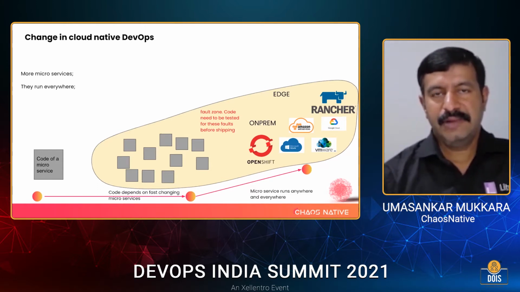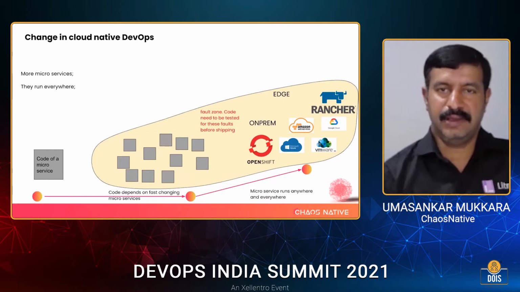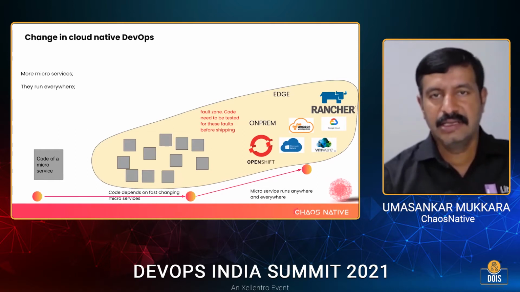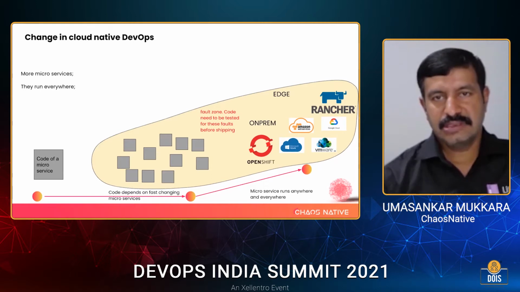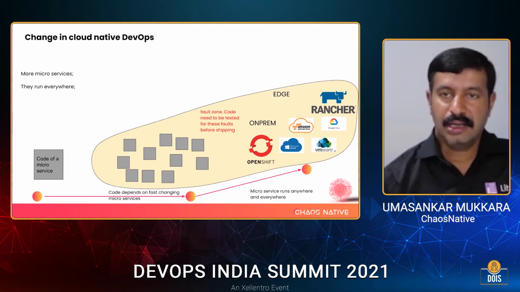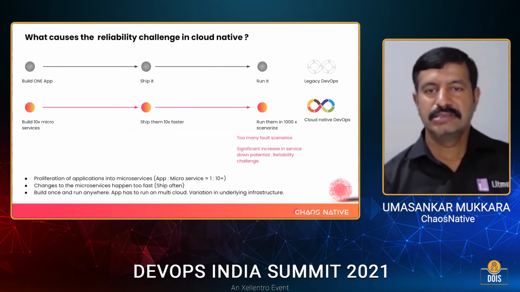The fundamental assumption around containerization is you build once and run everywhere or anywhere, right? So there are too many microservices, and they're coming faster and they run in many more places than they used to earlier.